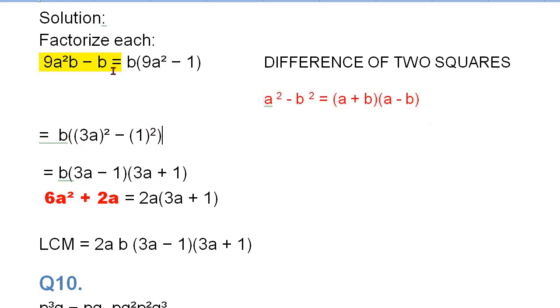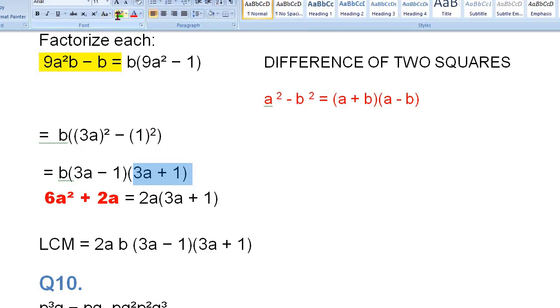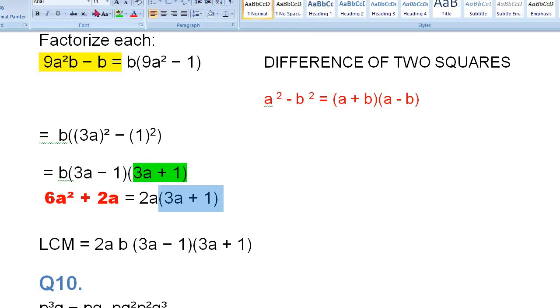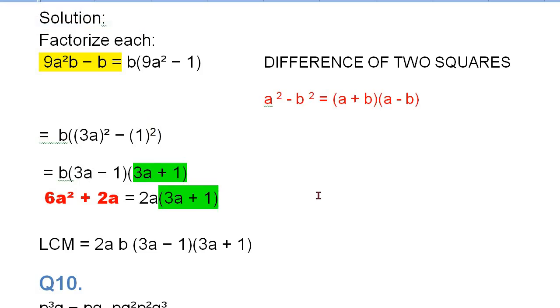This is our answer. Now the second part: 6a square plus 2a, taking 2a common, is 2a(3a plus 1). Now you can see that 3a plus 1 is in the first part and 3a plus 1 is in the second part. In both parts we have this common factor, 3a plus 1. This is our HCF. Now what are the remaining terms?